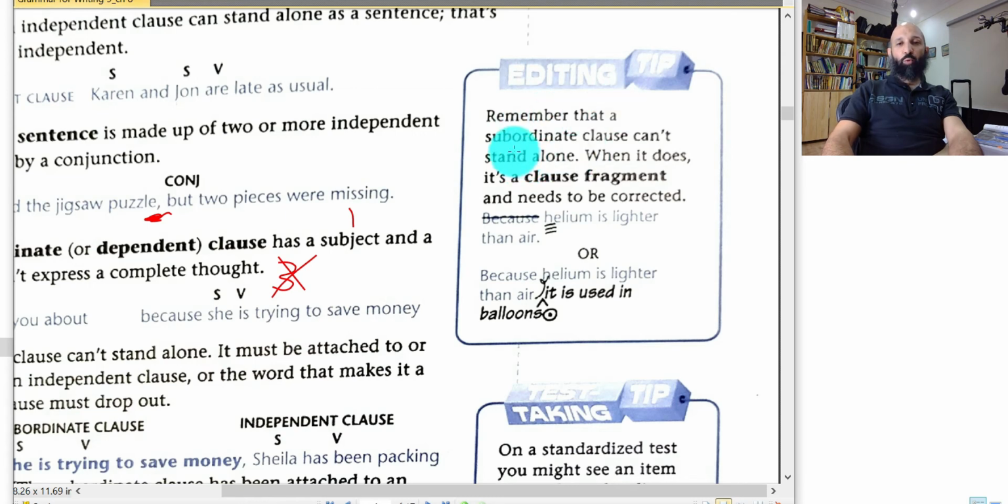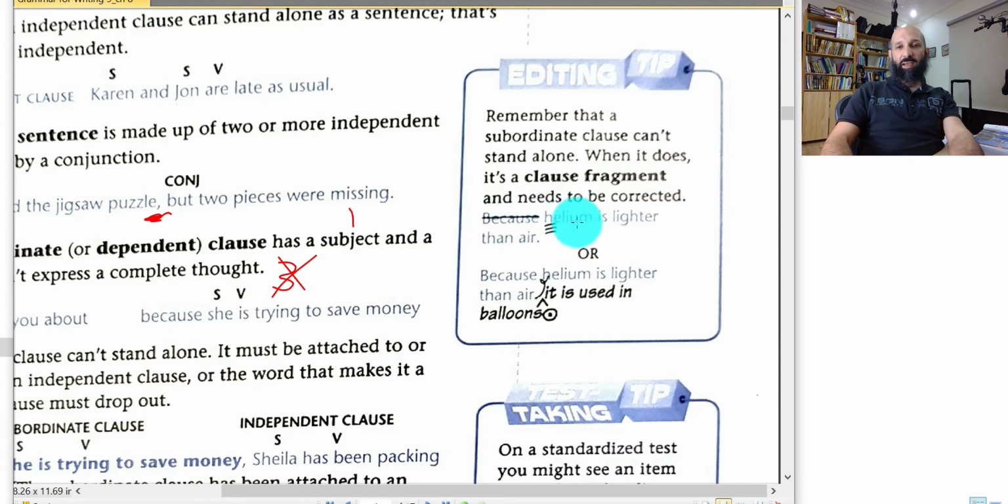Remember that a subordinate clause can't stand alone. When it does, it's a clause fragment. So it's a fragment because it cannot stand alone and needs to be corrected. And we studied this before, how to correct a sentence fragment.